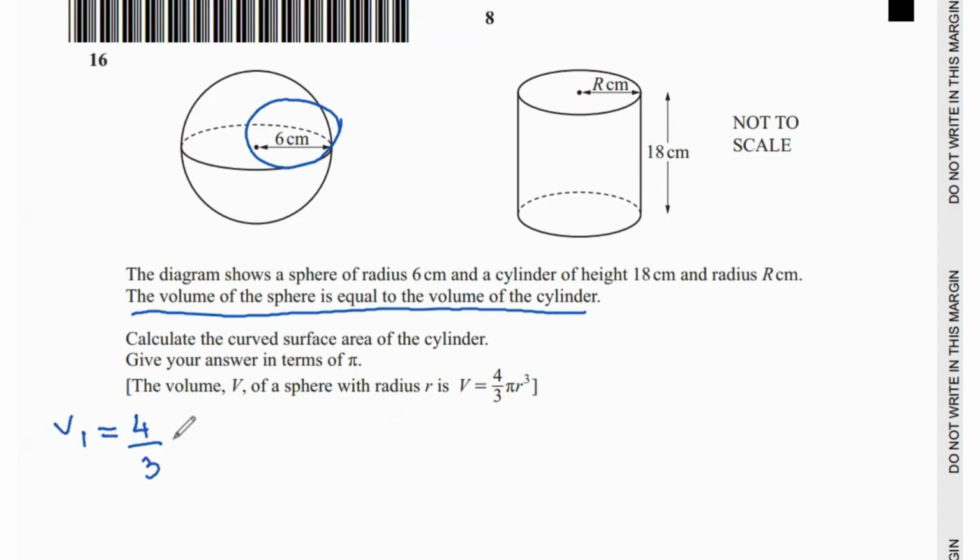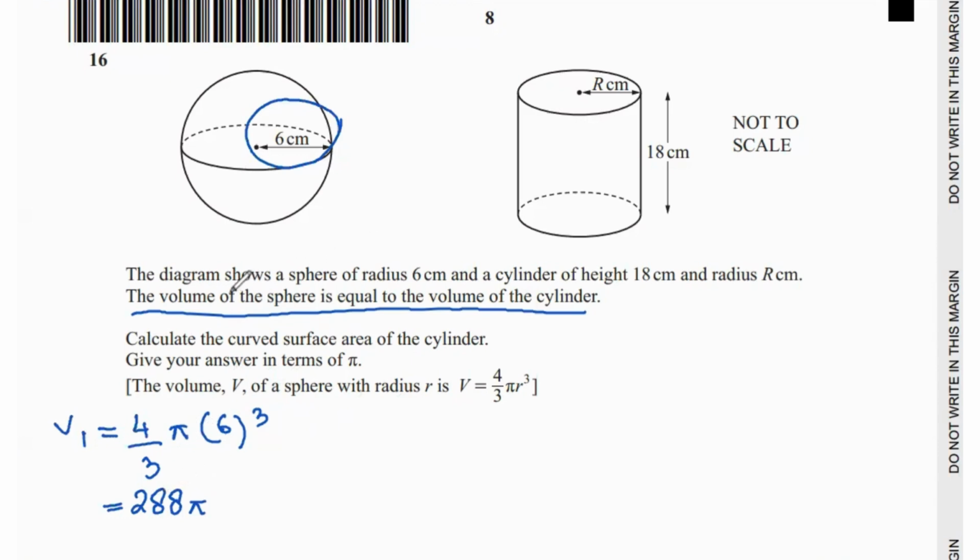So 4/3 pi times 6 cubed, and that gives us a value of 288 pi. Since they want the answer in terms of pi, I'm not going to replace pi with 3.142.